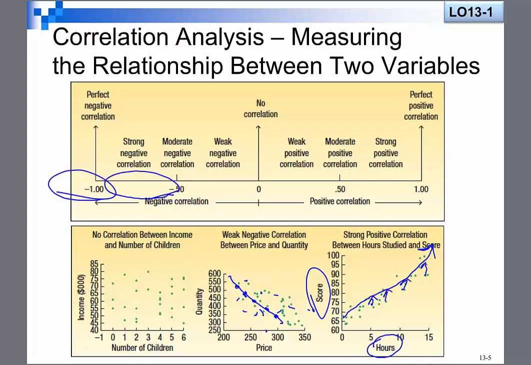Imagine that line I just put up there is straight. It's closer to the straight line than the dots on the price-quantity graph. The closer the dots are to a straight line, the stronger the relationship, because hours are better able to predict the score.